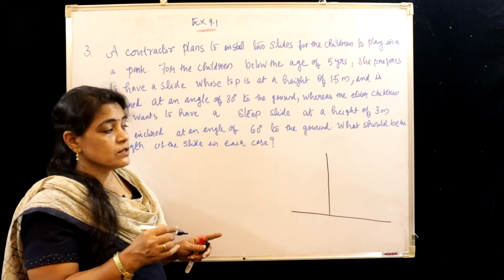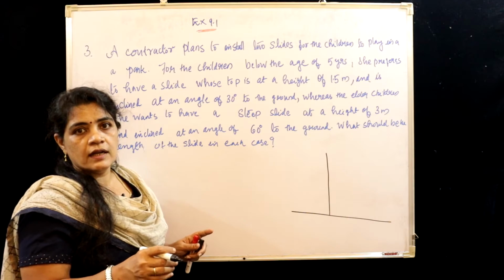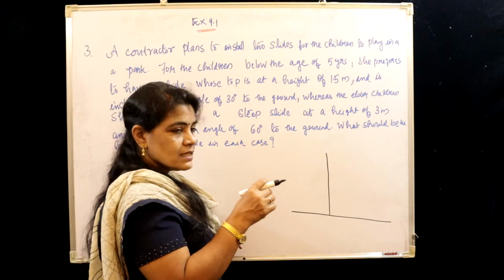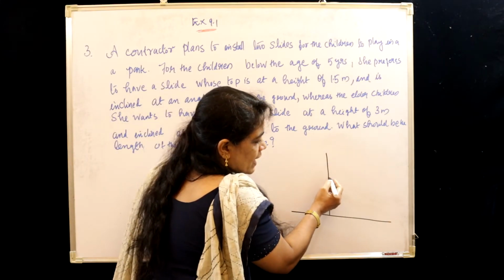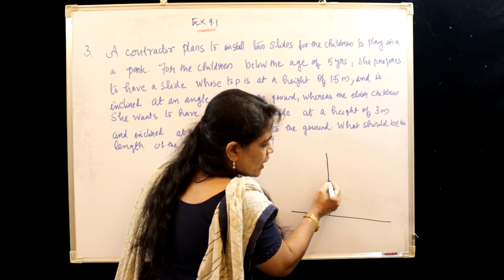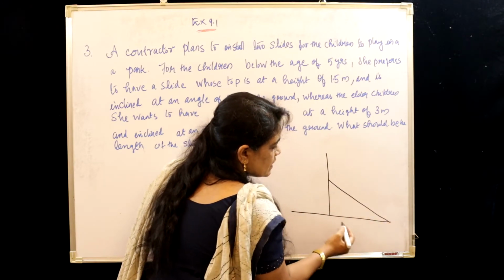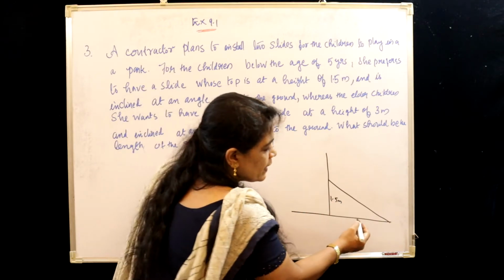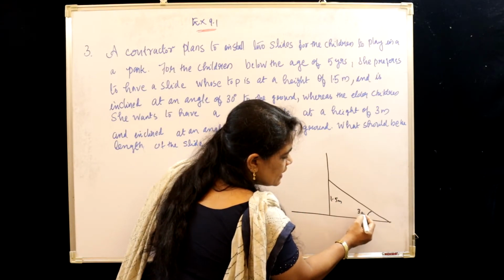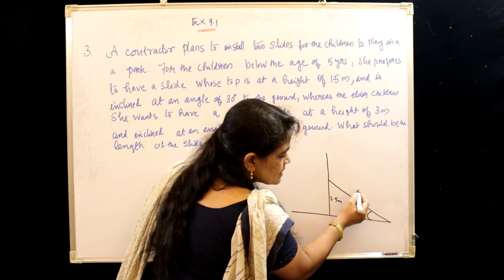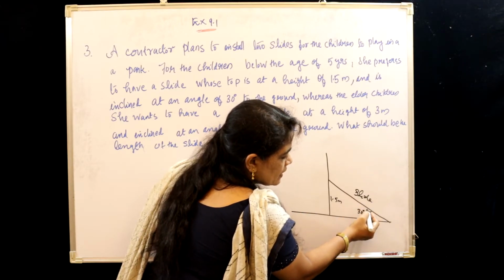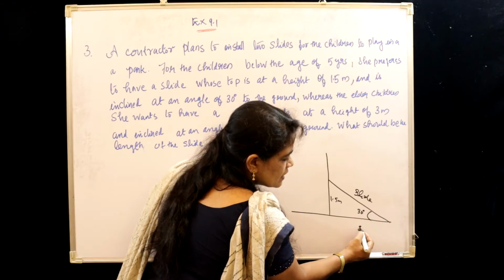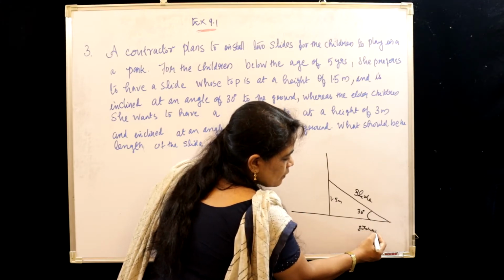and the height is, for the smaller children, this slide is kept at a height of 1.5 meter, and this slide makes 30 degree with the ground. This is the ground level.